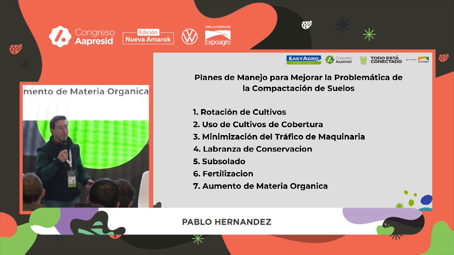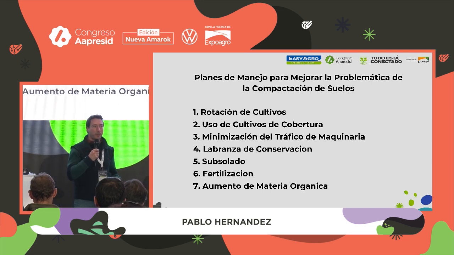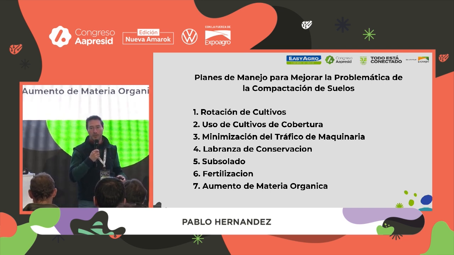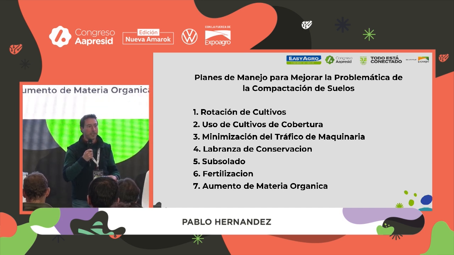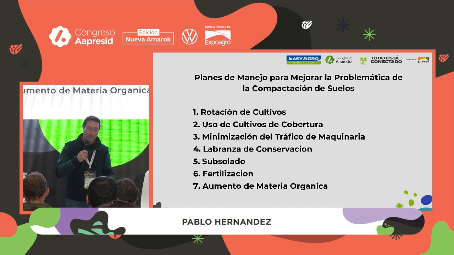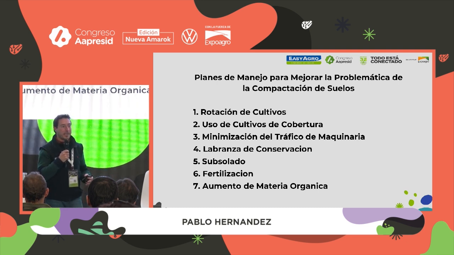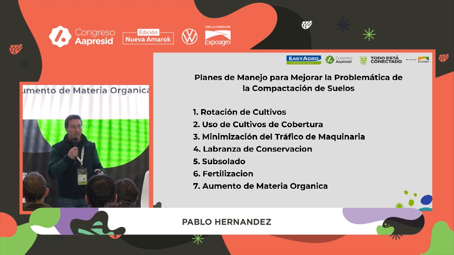This is the rotation of crops, incorporating within the plan cover or service crops, not to leave them on their own throughout the winter, but to put not only service crops, but also multi-species crops that can give different root systems to help the structure of the soil, minimizing machinery traffic, to begin to work with controlled traffic within the lots, mechanical till, like paratill and subsoil.